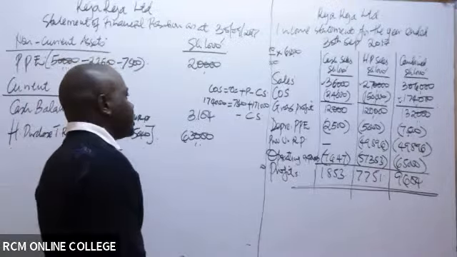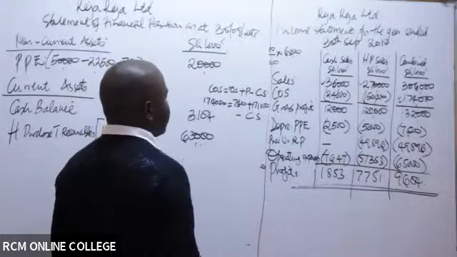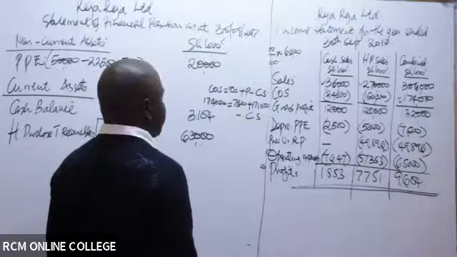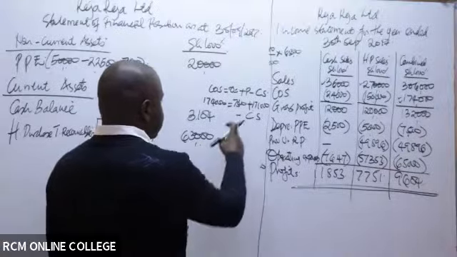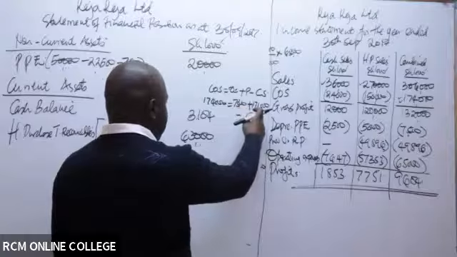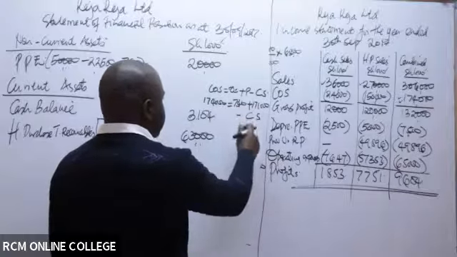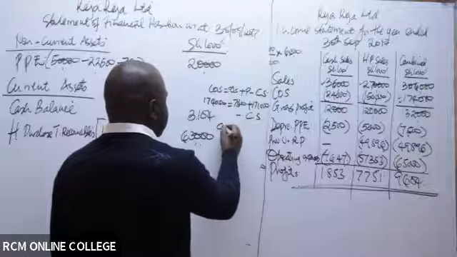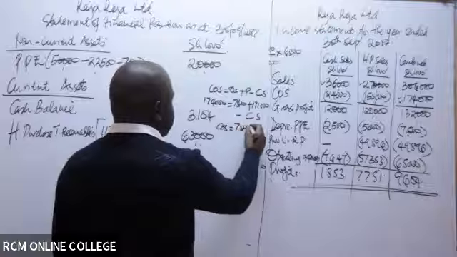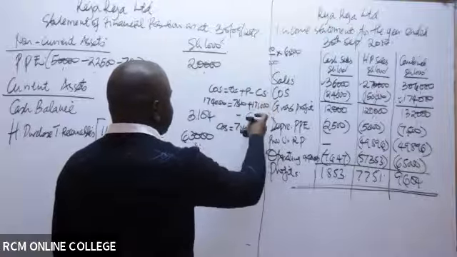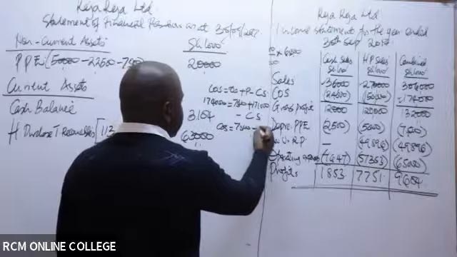So this one will cross the equal sign and come to this other side. If you do the mathematics, you'll have 7,500 plus 171,000 minus 174,000. When this one crosses, it becomes a negative, and when this one crosses, it becomes a positive.